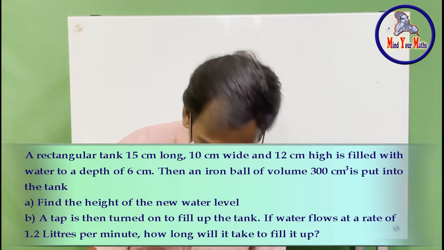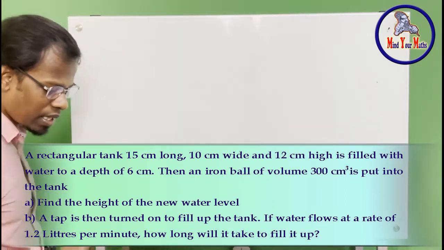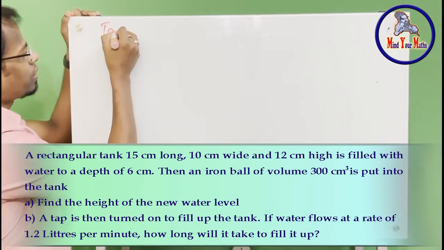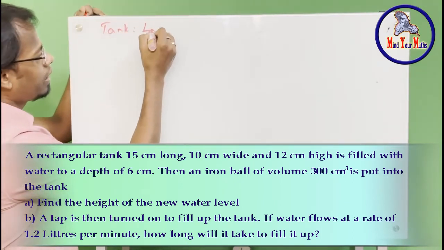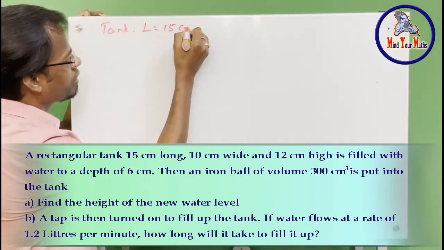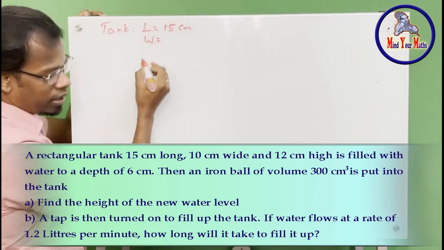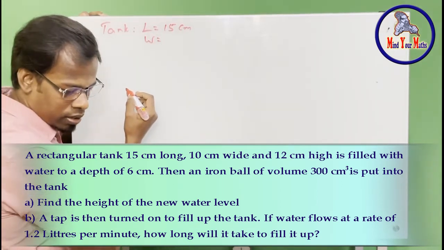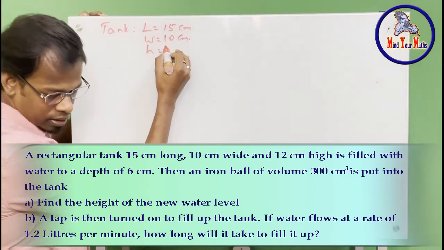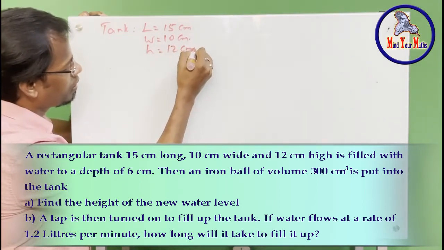So let's solve this problem. Let's write down what is given in the problem. Tank, and the length is how much? 15 centimeter, and then the width is 10 centimeter, and the height is 12 centimeter, right?